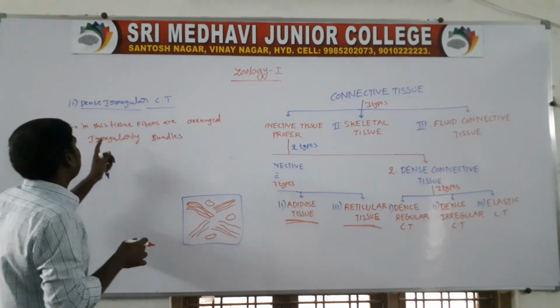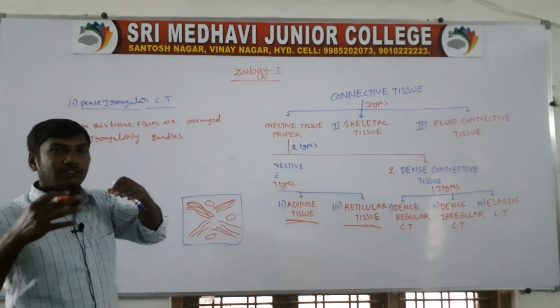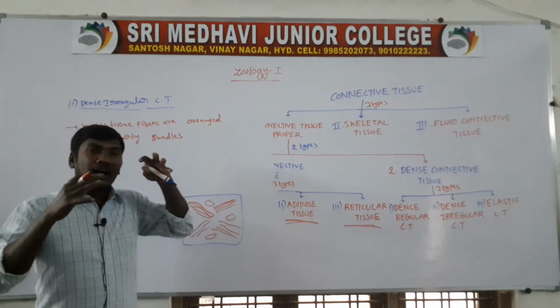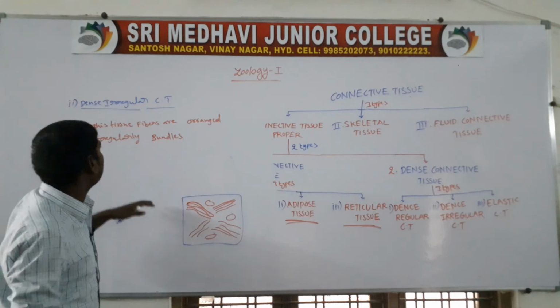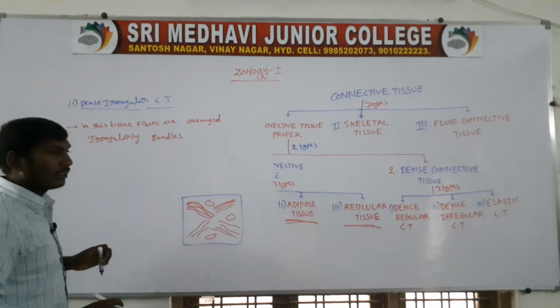So this type of tissue is called dense irregular connective tissue.